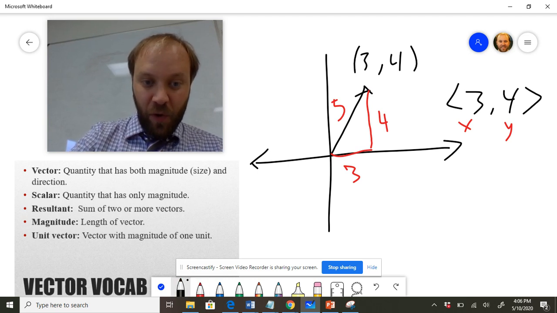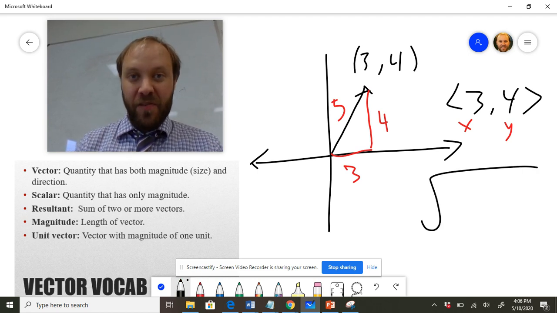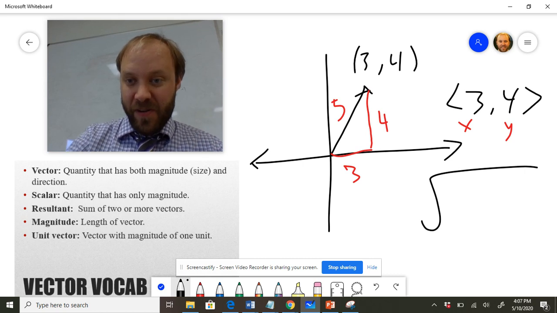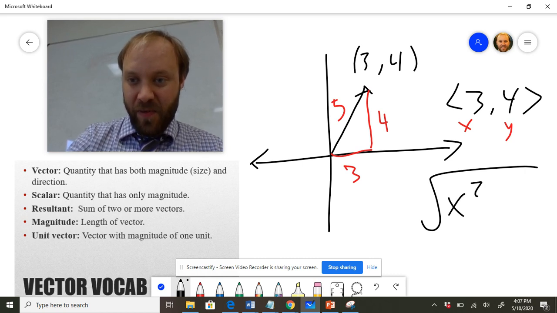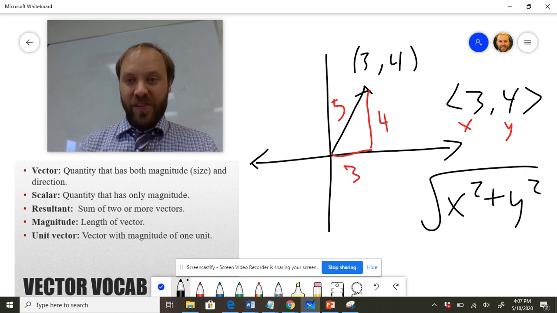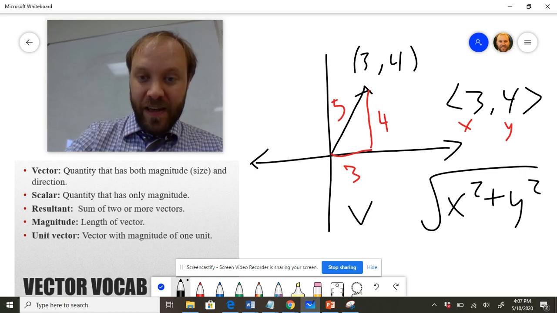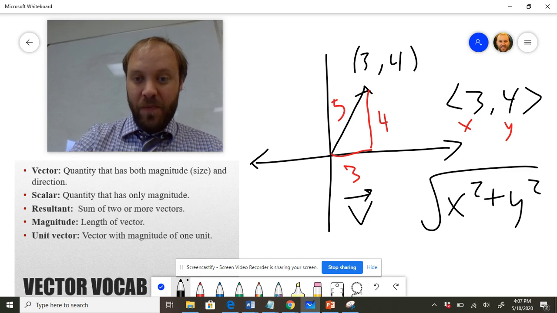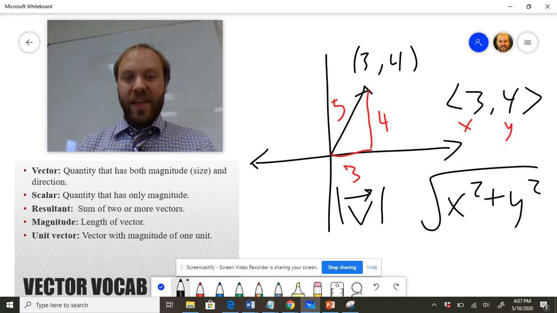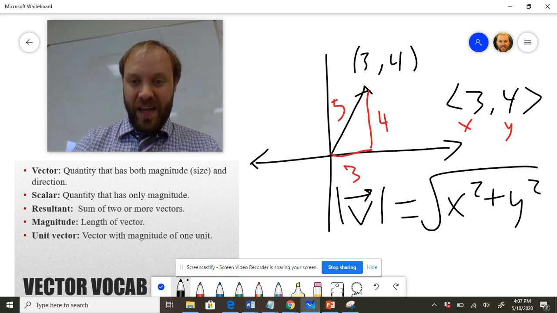And so the formula that we tend to use for the magnitude of a vector, if it's graphed in standard position, is that it's going to be the square root of the x coordinate squared plus the y coordinate squared. And by the way, the magnitude symbol looks like little absolute value lines. The reason it looks like that, if you think about what an absolute value is, it's the distance from 0.